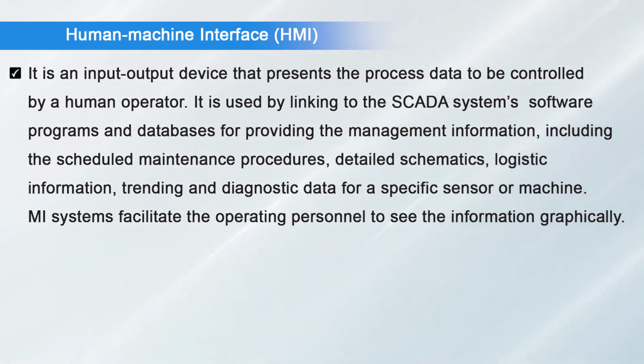It is used by linking to the SCADA system software programs and databases for providing the management information, which includes the schedule maintenance procedure, detailed schematics, logistic information, trending and diagnostic data for a specific sensor or a machine.